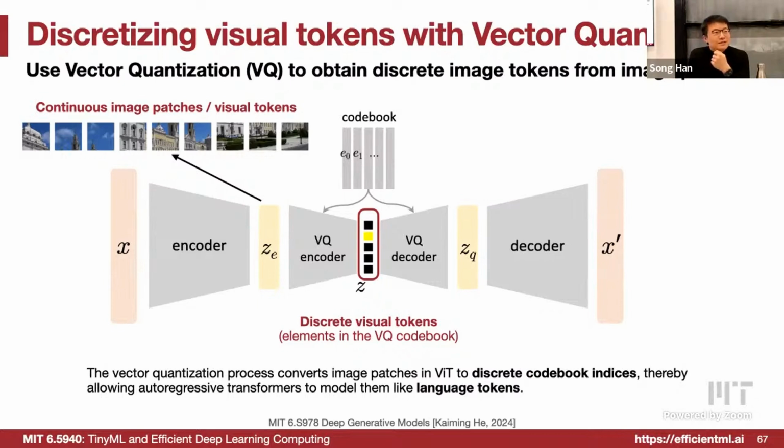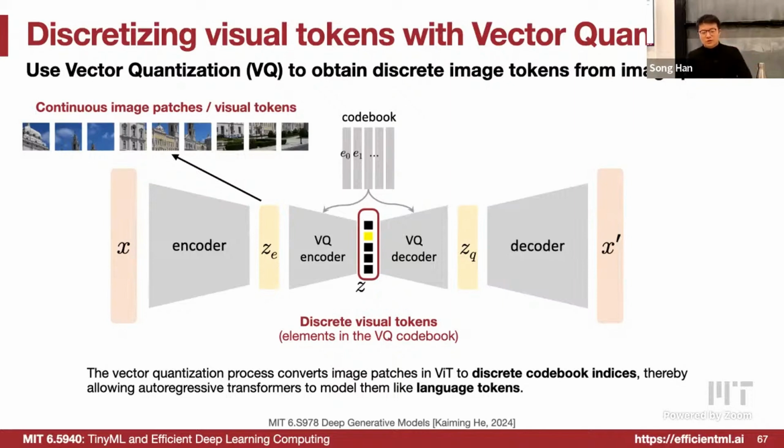But images are different. Pixels are naturally continuous, right? There's no such vocabulary like 10,000 English words. There are not 10,000 image patches, right?